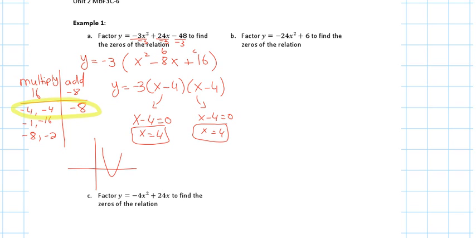You might have only one zero, where your zero is on the axis, or you might have no zeros at all, right? This is the case where I have only one zero on the x-axis, which is the same thing as my vertex.